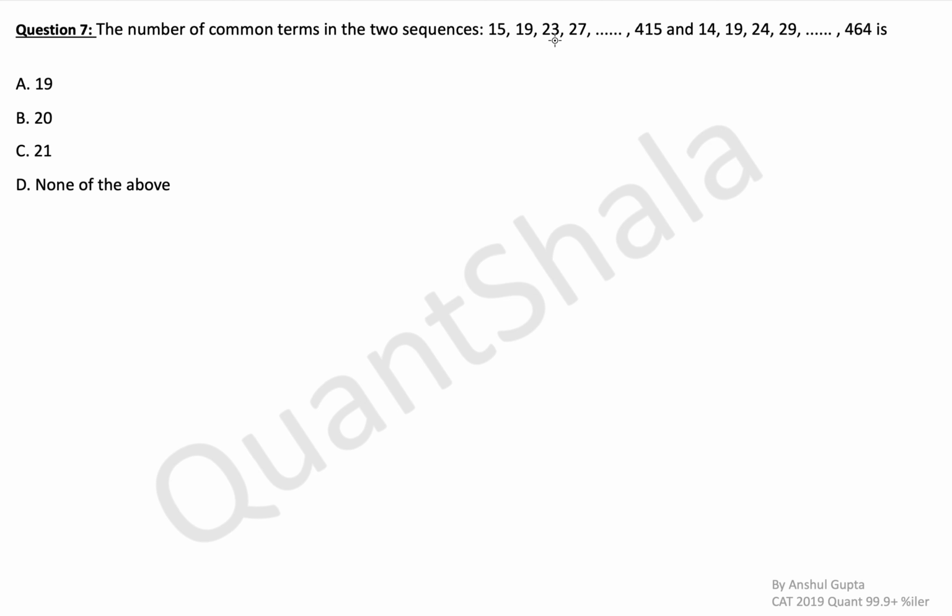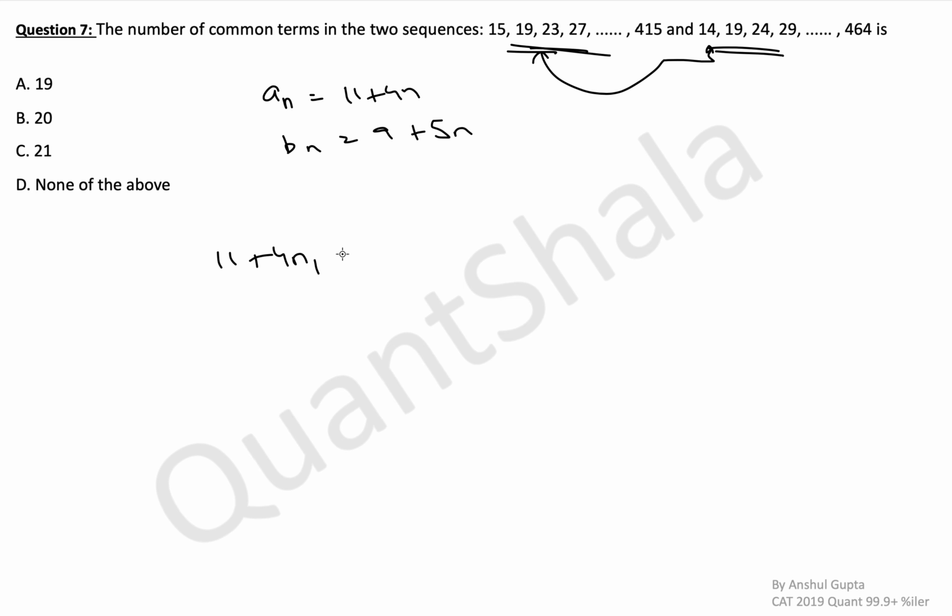So the term for an is, we saw, 11 plus 4n, bn is 9 plus 5n. And if these have to have a common term, some term in this is equal to some term in this, which means 11 plus 4n1 is equal to 9 plus 5n2.